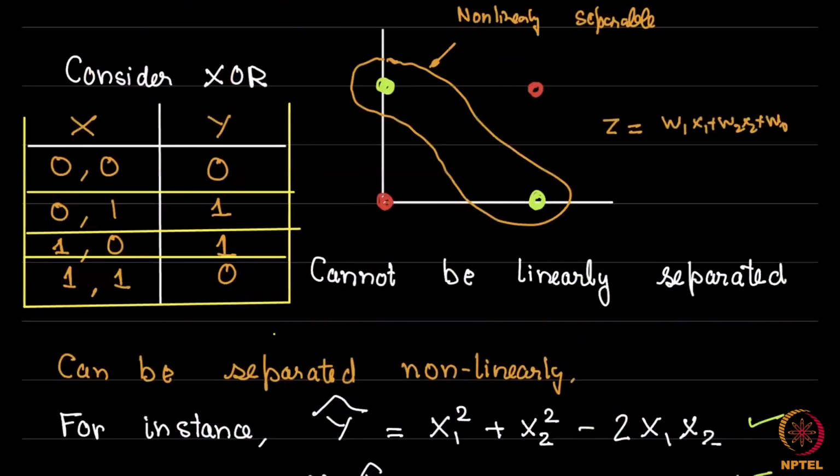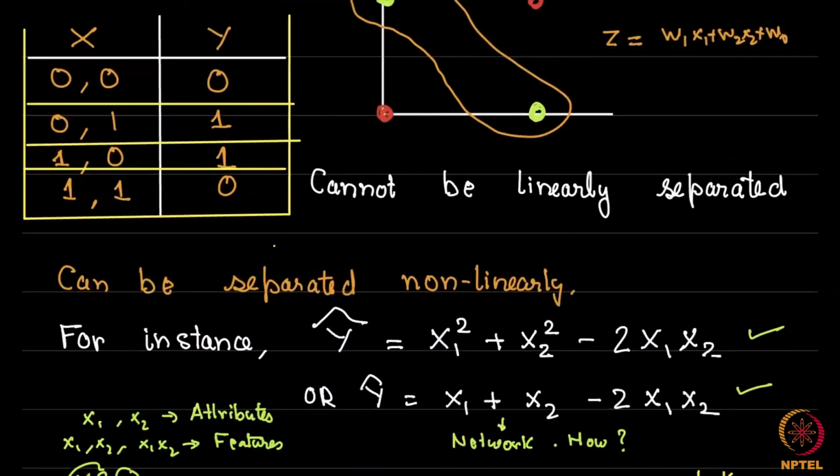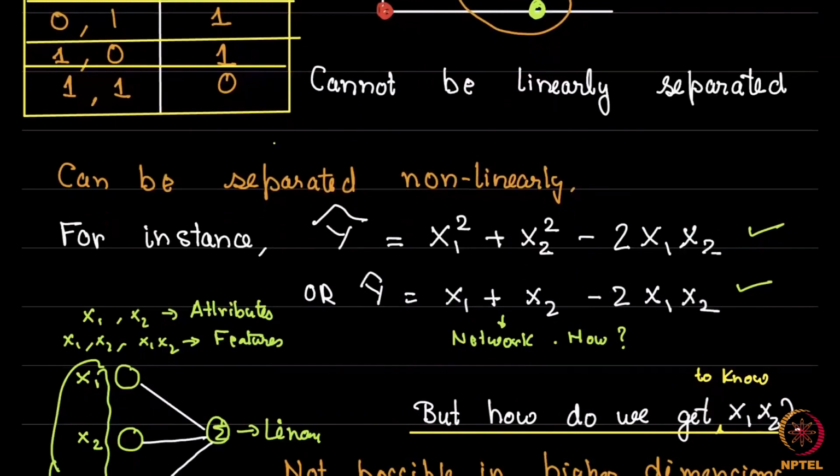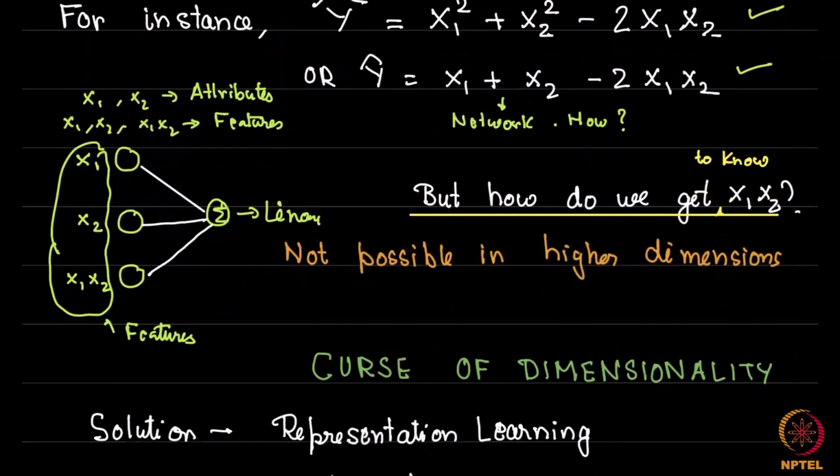Now here the data I took was simple. I just took 0, 1, 1, 0. What if it was a numerical data and I needed x1 square x2 or x1 cube x2 or a whole lot of other possibilities? So what happens is, in general, it's not possible to discover these or keep on giving a list of all possible combinations systematically in higher dimensions.